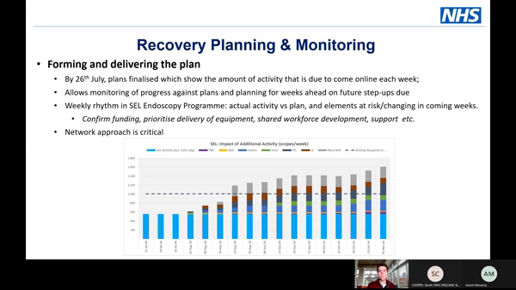So our plan at the bottom there is shown in a graph, and the blue dotted line is the pre-COVID levels of activity. That's the primary target for the program, to get to that level and ideally beyond it to start reducing backlogs. The baseline activity is where we start our planning, and I've covered some of that in the recovery modeling, but it is also supplemented by the daily activity data that's being submitted, so we can understand where we are now.